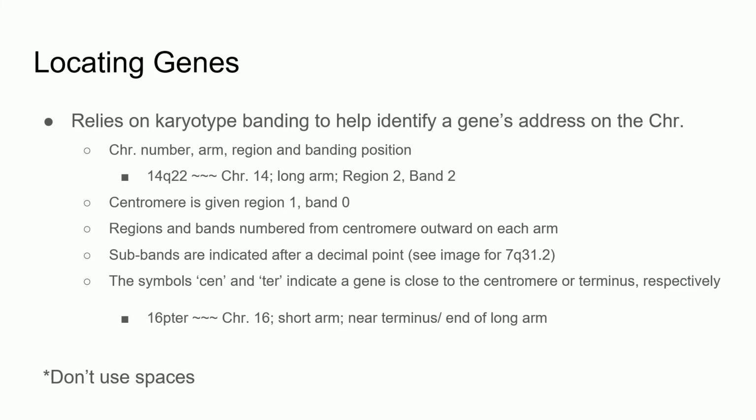The string of words are organized starting from the chromosome number to the chromosome arm, the region, and then the banding position of the gene or locus of interest. So in the case of 14q22, this describes a locus on the 14th chromosome on the long arm or q arm at region 2 in band 2.